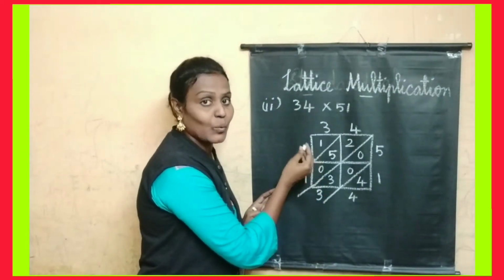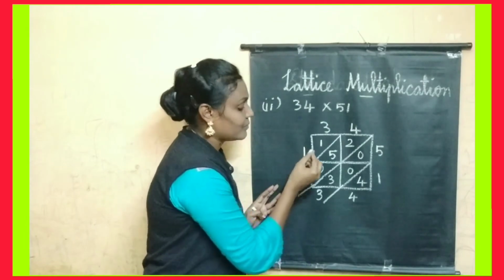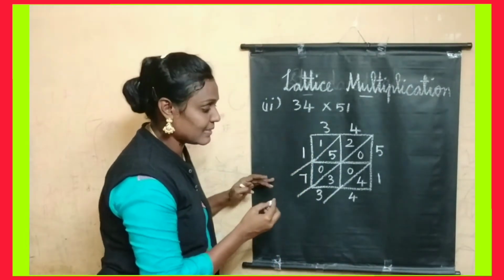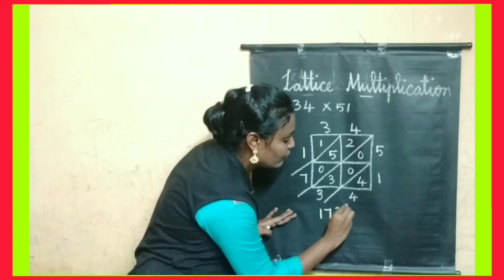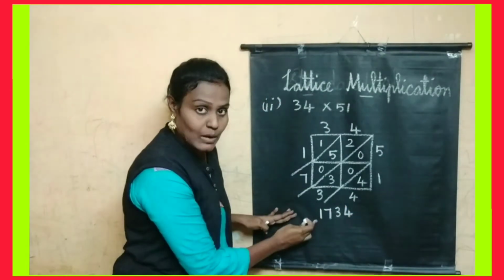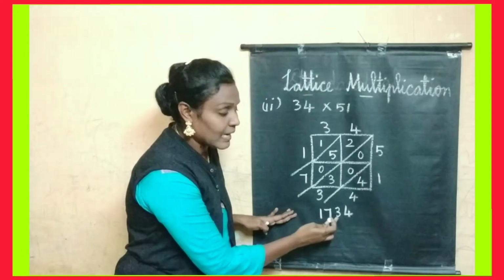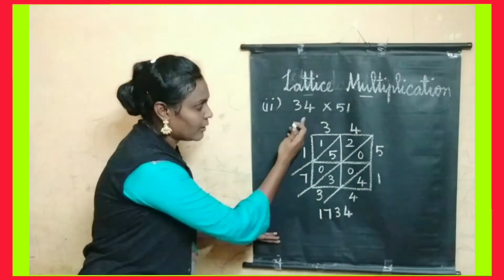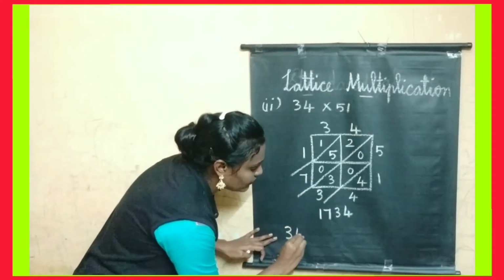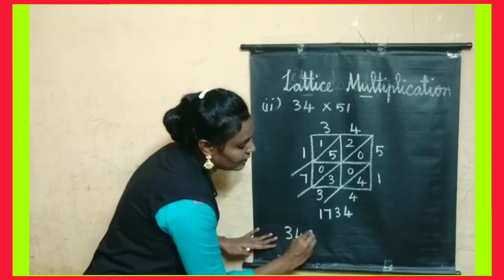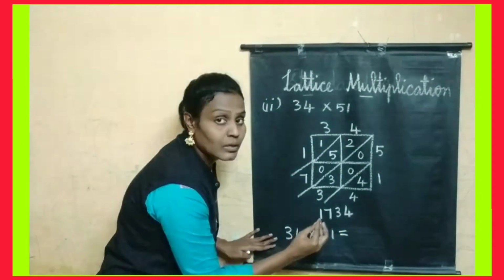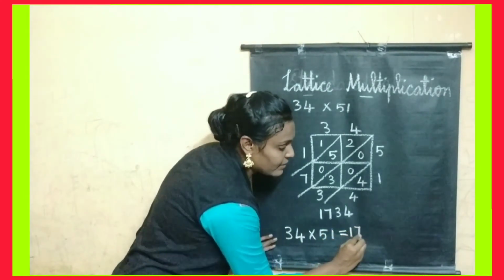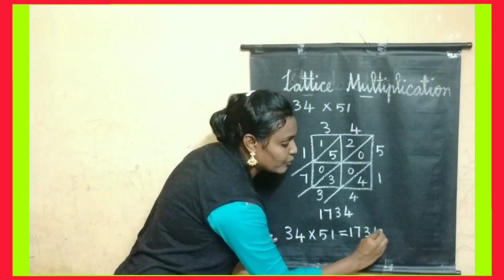Next we have 1. So the answer is 1, 7, 3, 4. 1734. 34 multiplied by 51 equals 1734.